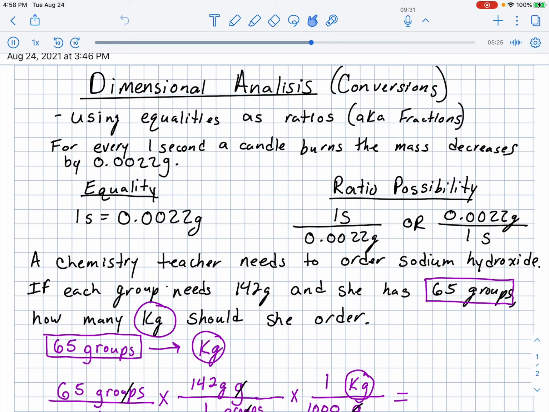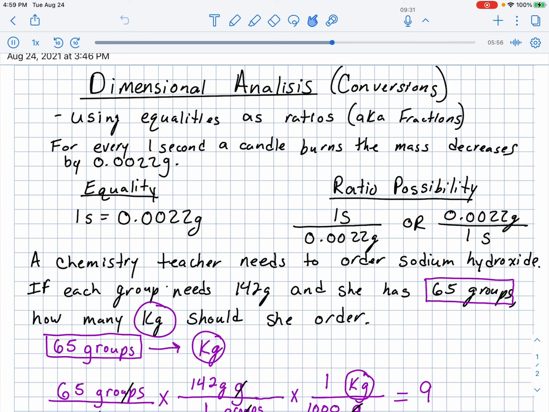And so now we're going to go ahead and plug things into our calculator. So anything on top you're going to multiply by, and anything on bottom you're going to divide by. So I'm going to take 65 groups times 142 grams divided by 1,000. And when I do that, I get 9.22 kilograms.